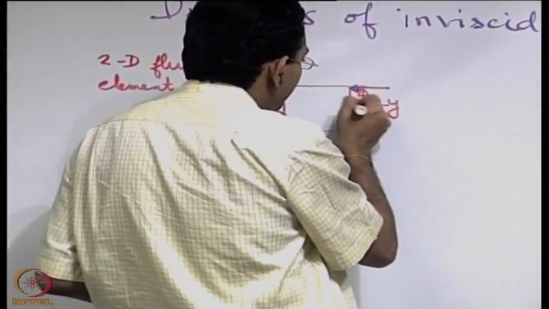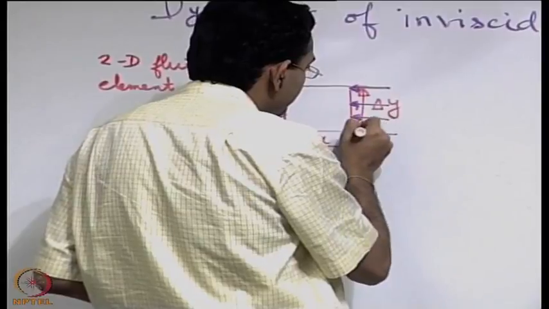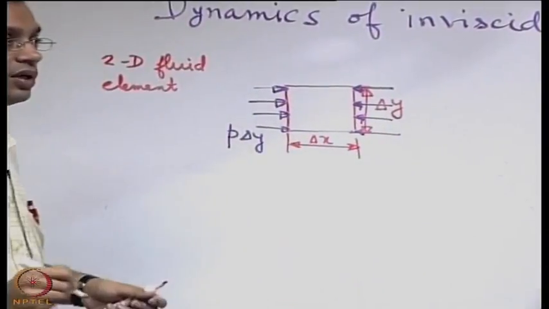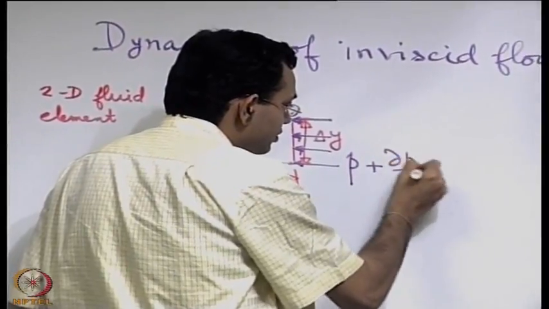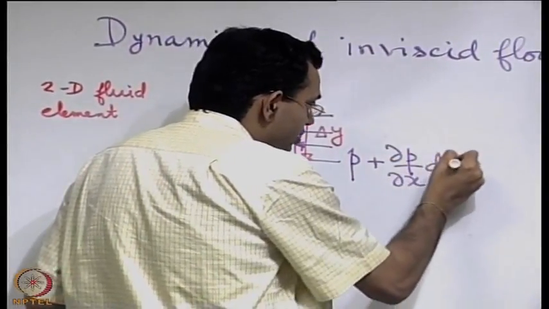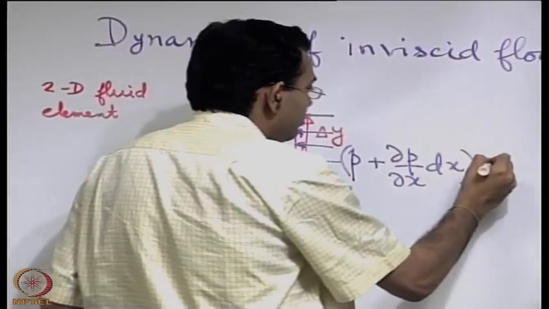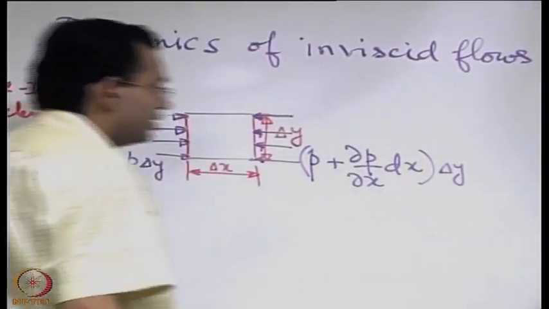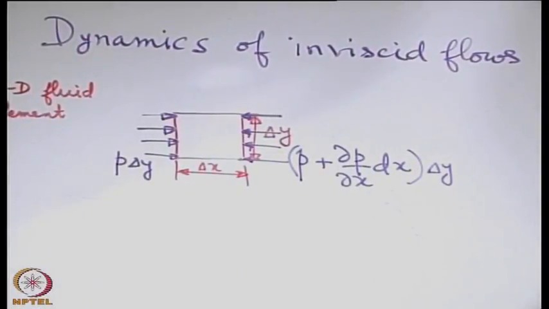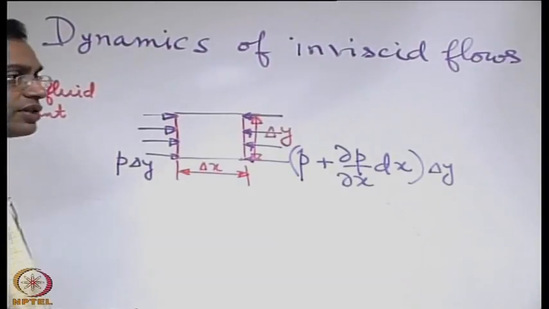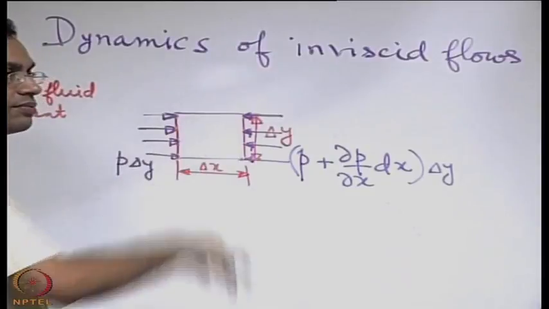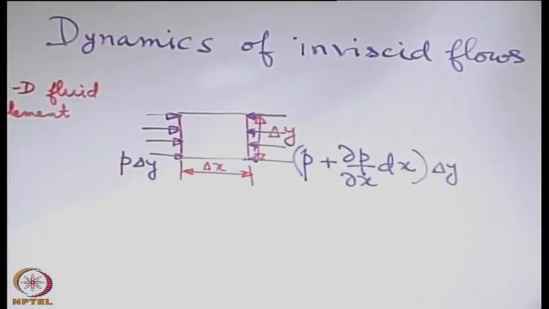Force that acts on the right face due to pressure is what? We have encountered such a situation earlier. So it is P plus ∂P/∂x into dx, times delta y into 1. Along x these are the only surface forces because other faces will have surface forces along y.